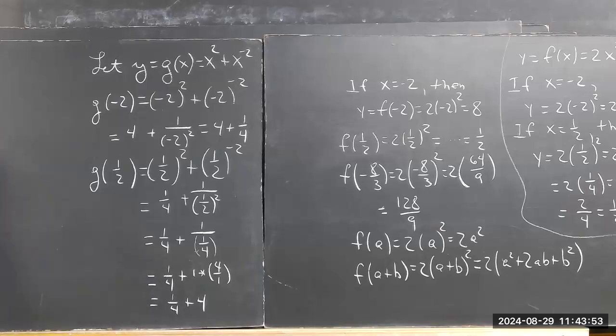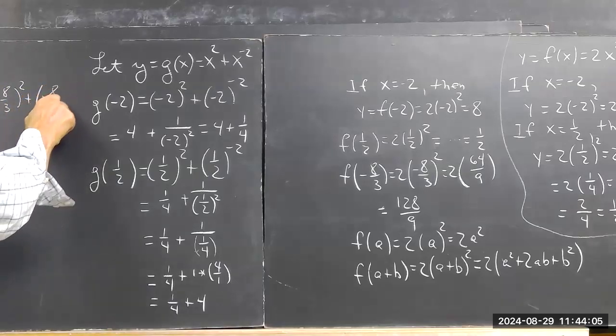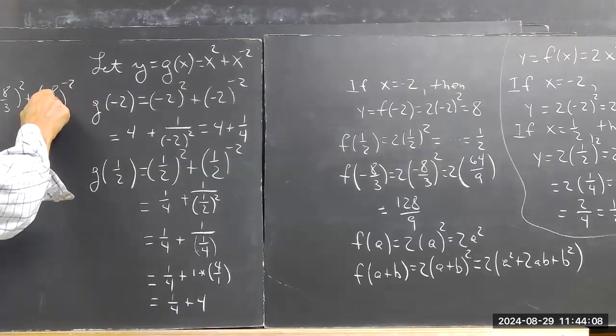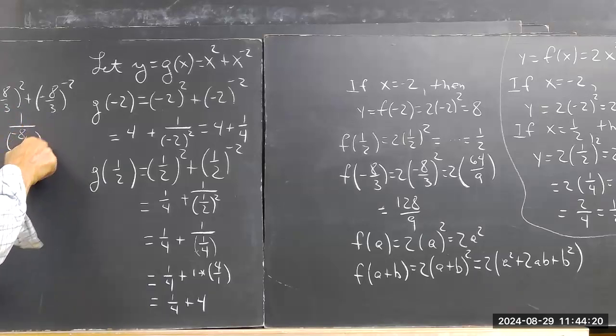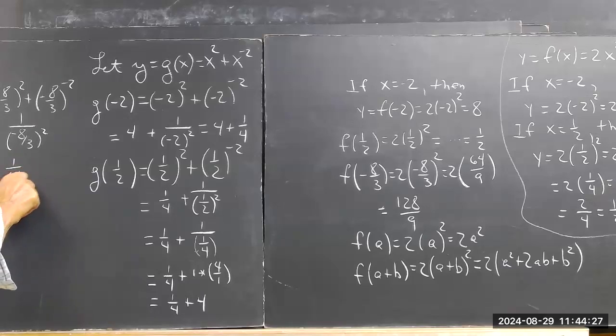Okay, so what else do we have? Well, I'll write these out more quickly. g of -8/3 equals (-8/3) squared plus (-8/3) to the -2, which equals 64/9 plus 1 over (8/3) squared, which is 64/9 plus 1 over 64/9.